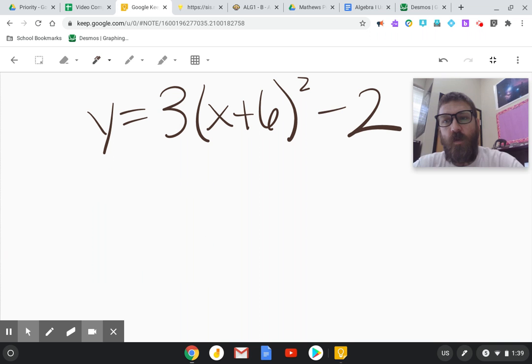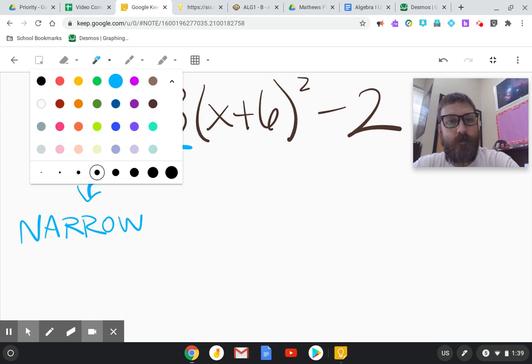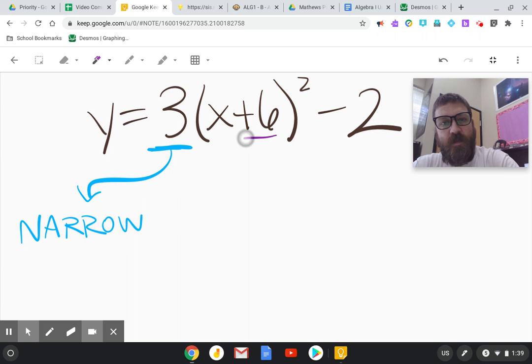So let's say what is going to change about this graph? Okay, so based on the information we just went over, this first thing is going to tell me whether or not the graph is narrow or wide. So because it's greater than 1, this graph is going to be more narrow than the parent function. What about this?